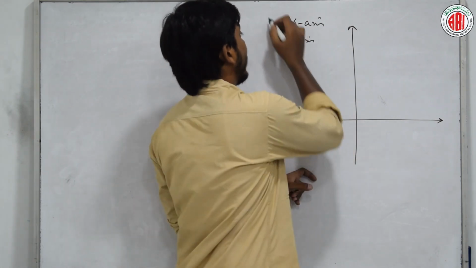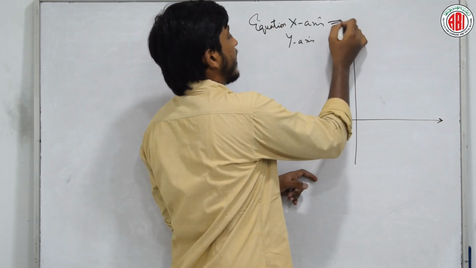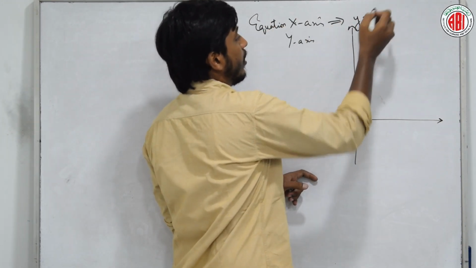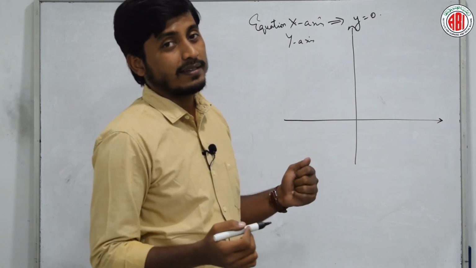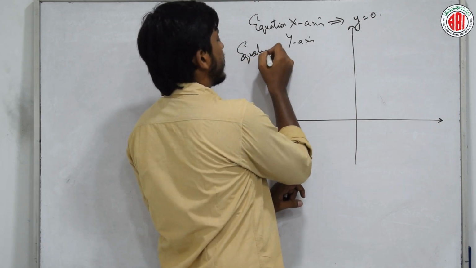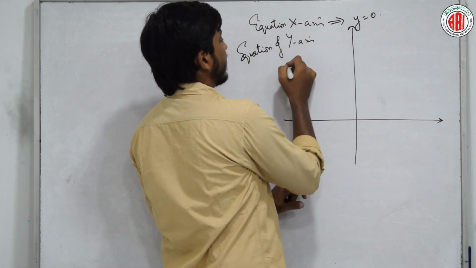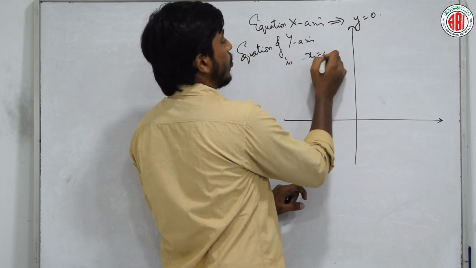No. That's why the equation of the x-axis is y equal to 0. Similarly, on the y-axis, do we have any point of x? No, right? That's why the equation of the y-axis is x equal to 0.